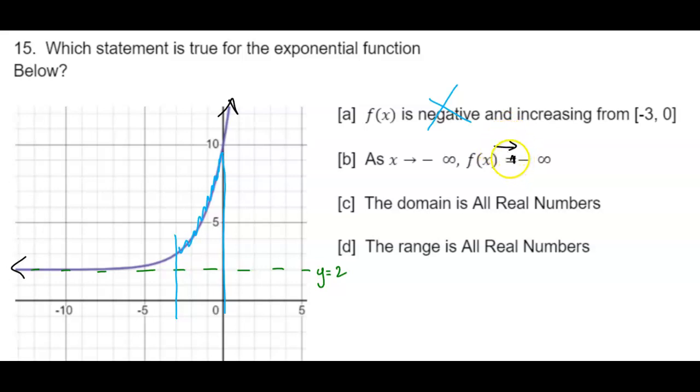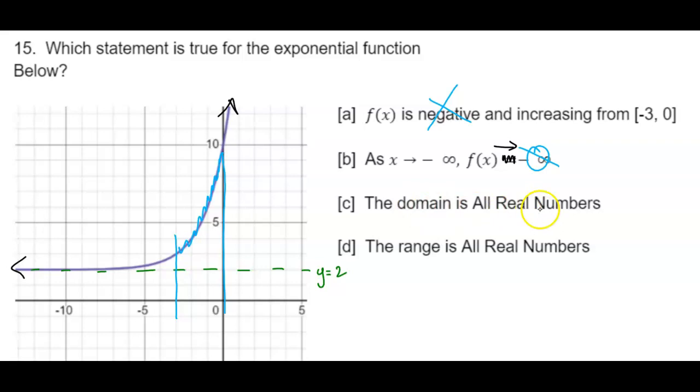I'll fix that later. So this is saying, as I go to the left, my y's are approaching negative infinity. That is not true. My y's are approaching that asymptote, which has a value of y equals 2. So this right here should have been 2 to be a correct statement. So I'm not going to choose B.